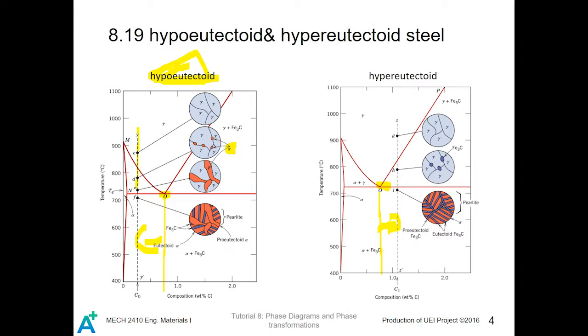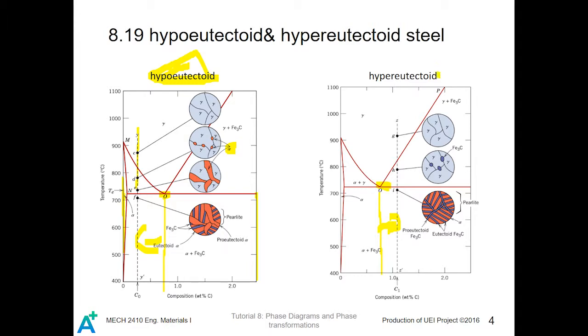Gamma phase is the austenite, and afterwards all of the rest of the austenite will change to pure pearlite. Pearlite is a mixture of Fe3C, which is here at this line, and ferrite, which is here.